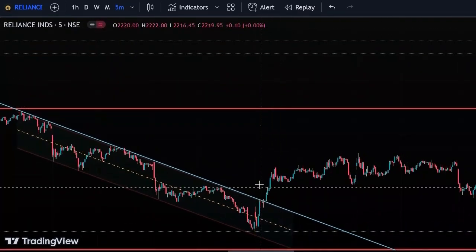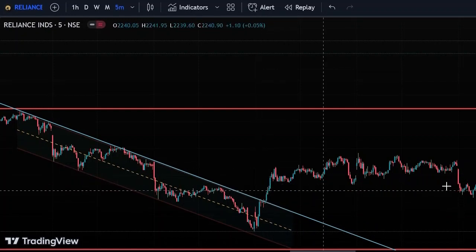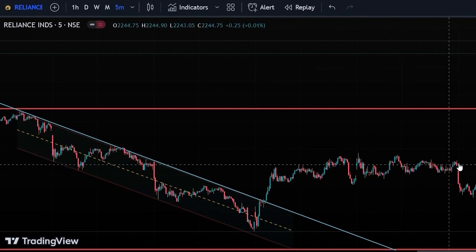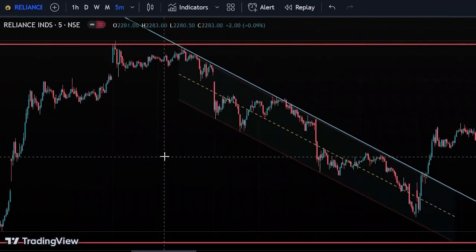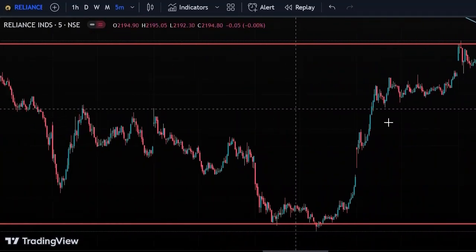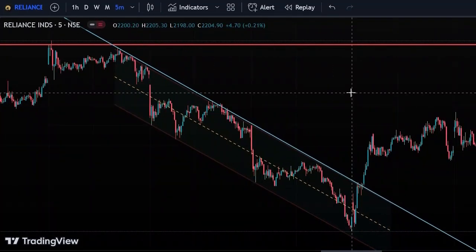And when that channel breaks, we still get just two candles and the market goes sideways. So we have to wait a long time for the break of the trend line and still we are not getting good profit. That's the main problem in intraday trading. Hence it proves that the trend line is also not good for intraday trading.